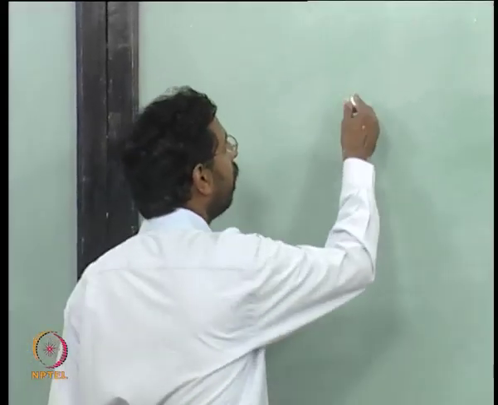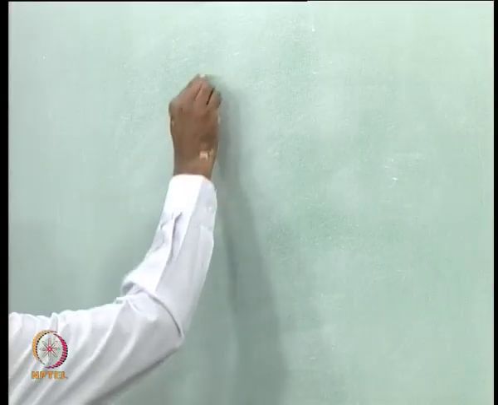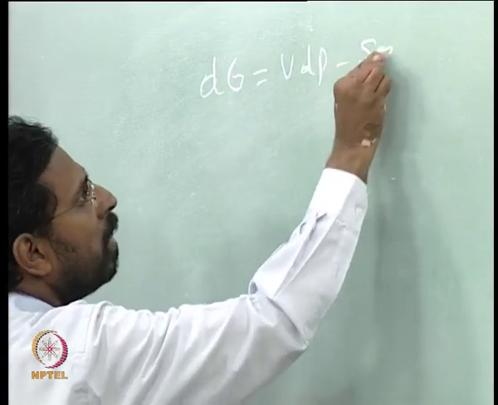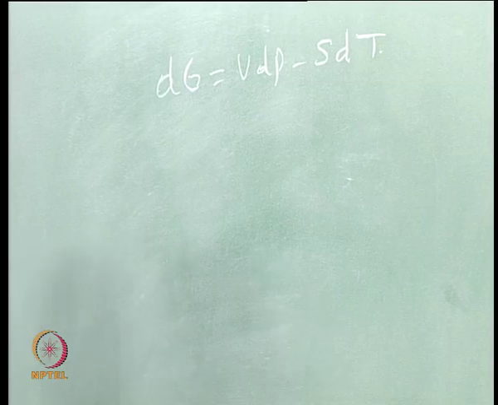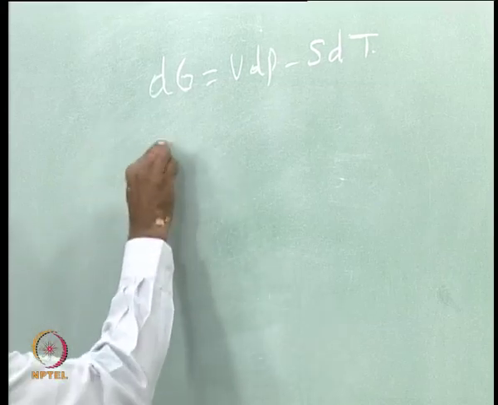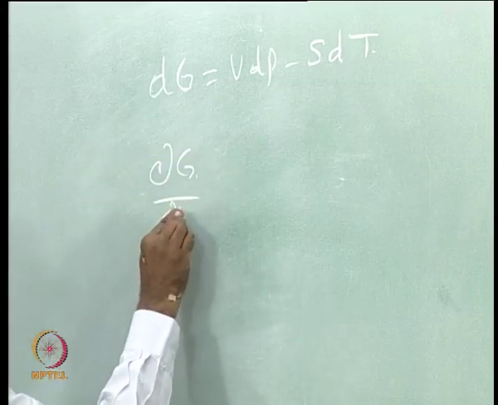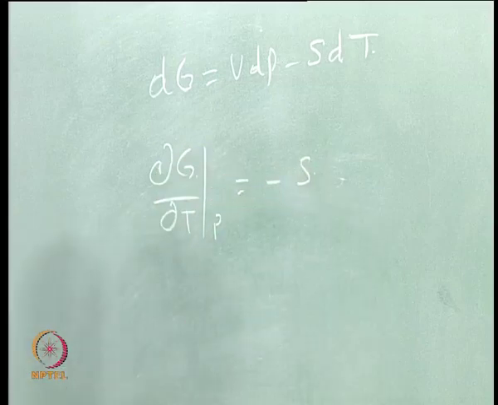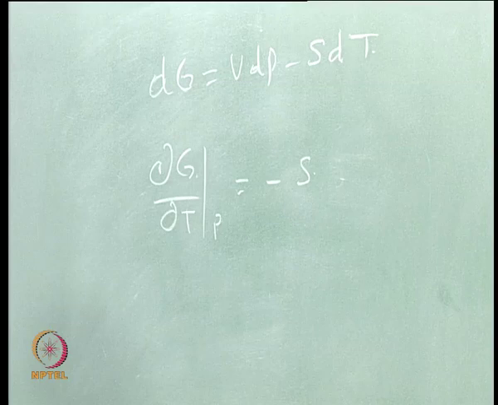If you look at free energy, dG is VdP minus SdT, if I write this as per Maxwell's equation. So, the first differential of free energy with respect to temperature at constant pressure is minus S. Am I right?